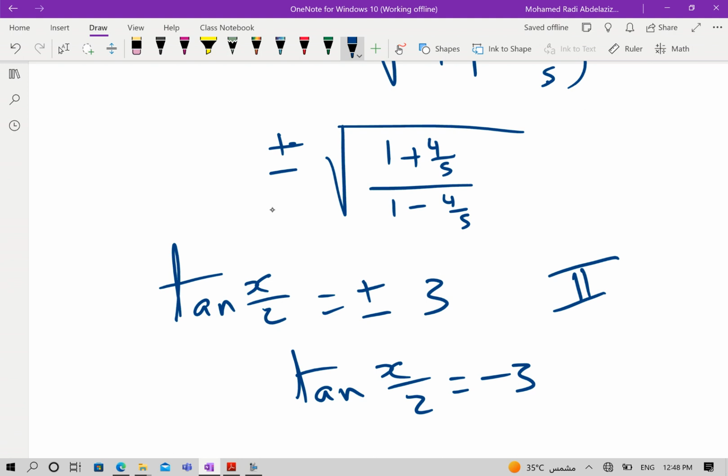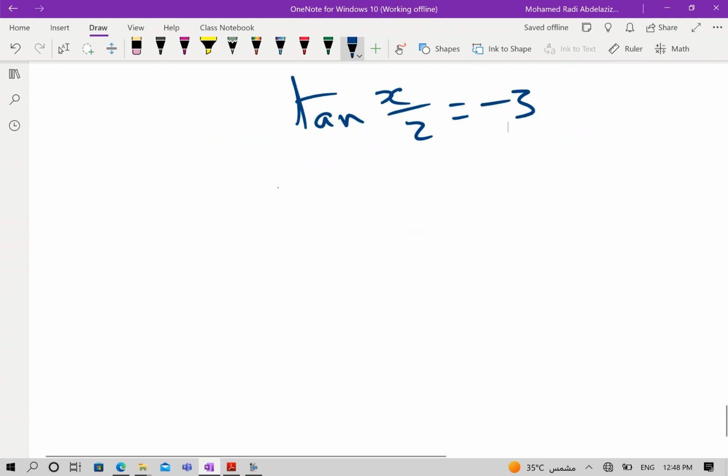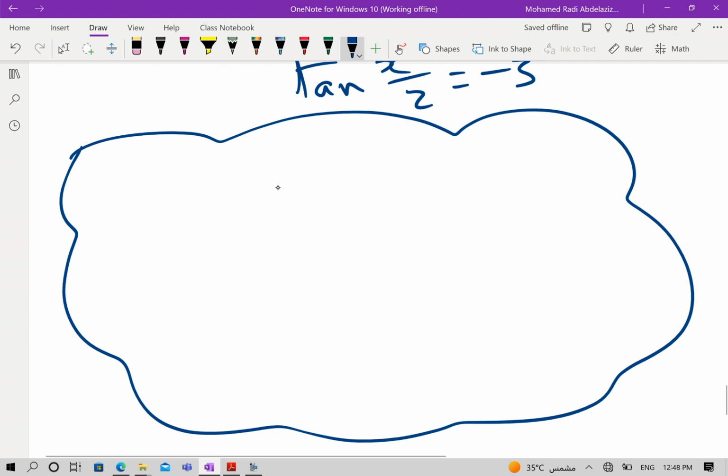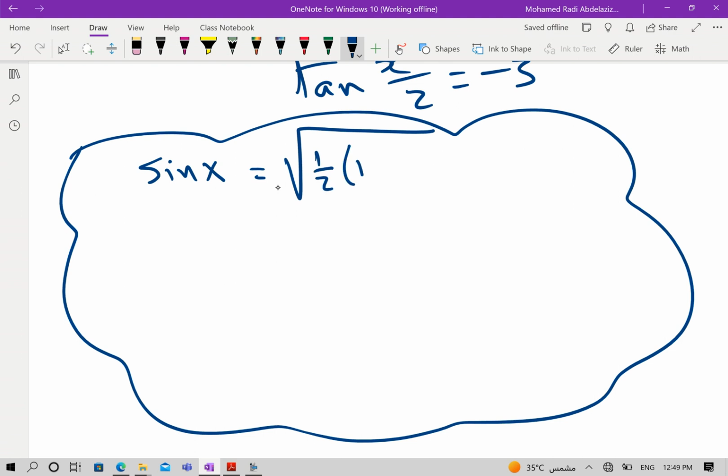Again, this part is very important: how to use x to get half x. If we have x, it's easy to use the formula directly to get sine 2x, cosine 2x, tan 2x. But if I ask about half, please remember these four. For sine x over 2 it is positive or negative square root of half, 1 minus cosine x.